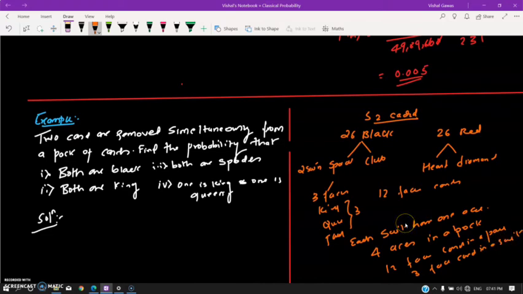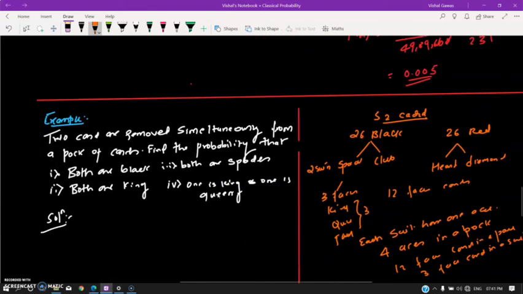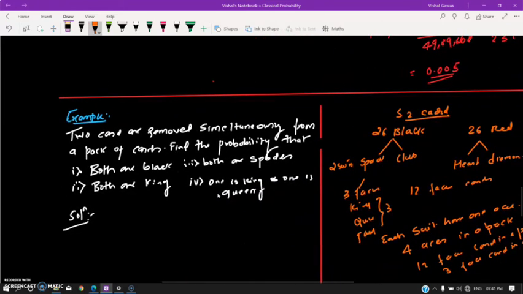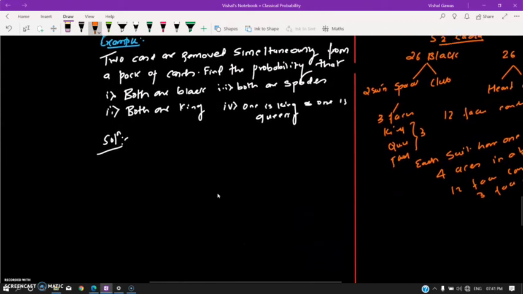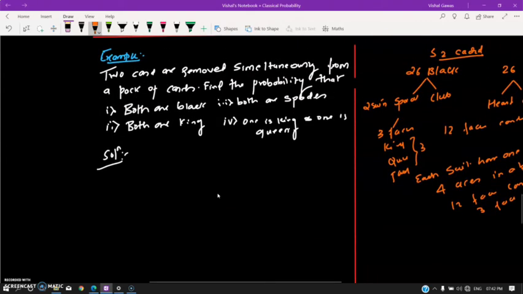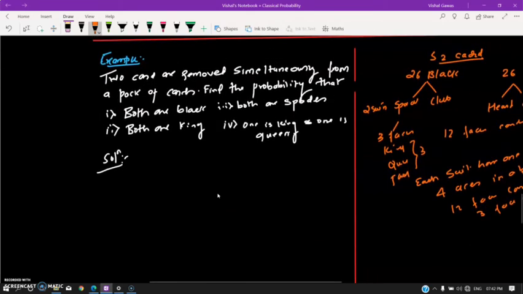So this is the thing about cards. With this understanding, let's look at the problem. First of all, how do I choose something?